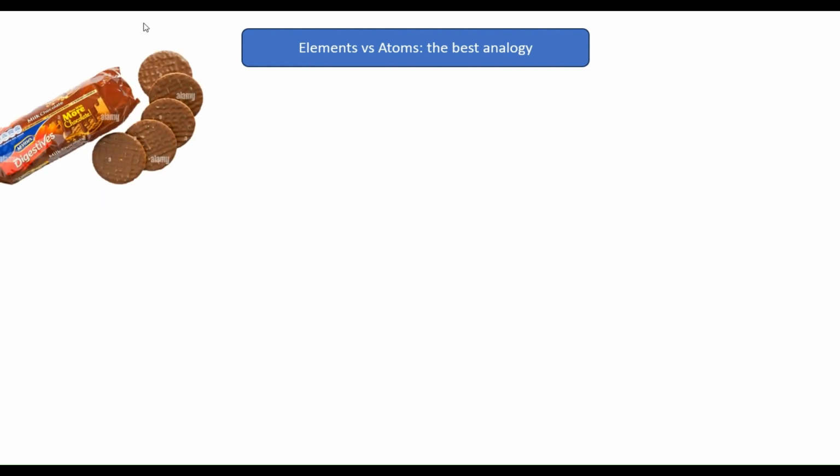I'm going to relate to something everybody knows very well, everybody's used to. So let's imagine a biscuit rubber, a biscuit here. I think I have digestive biscuits here.